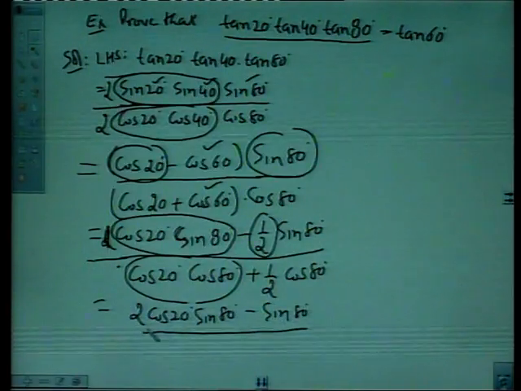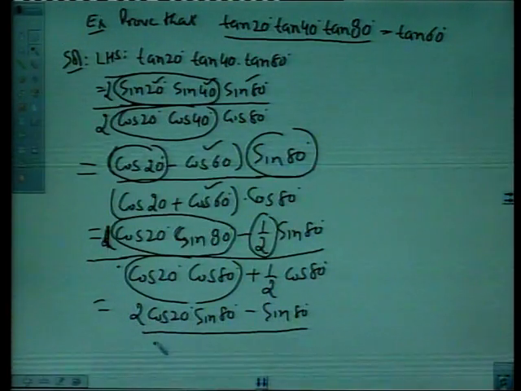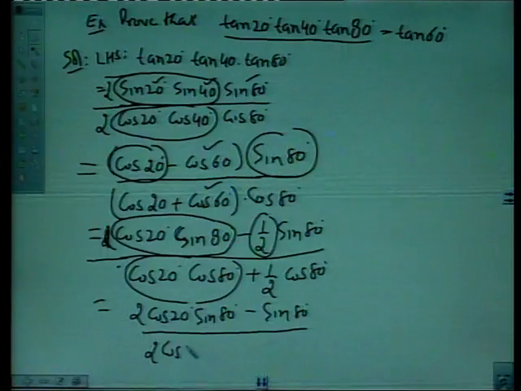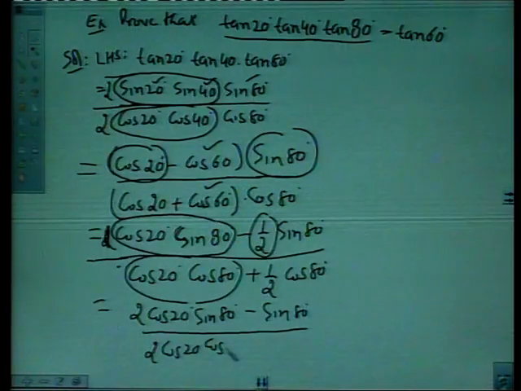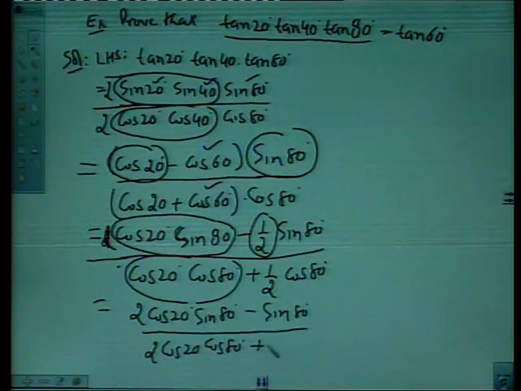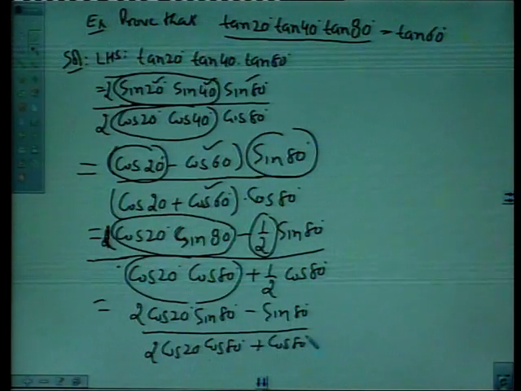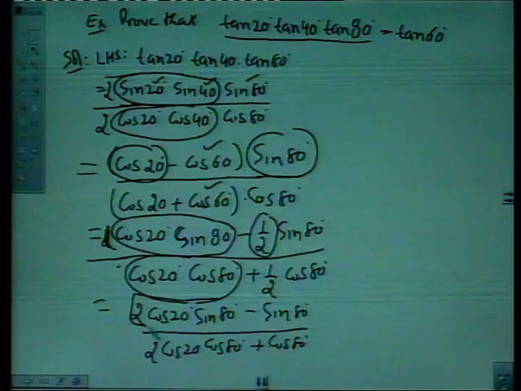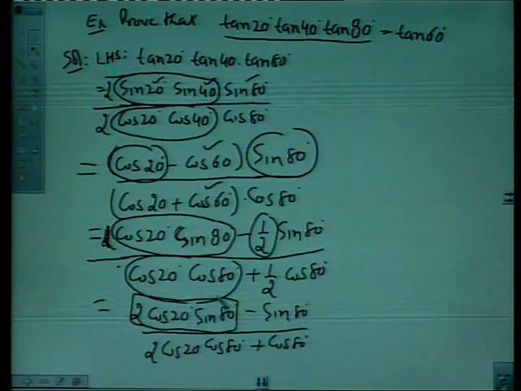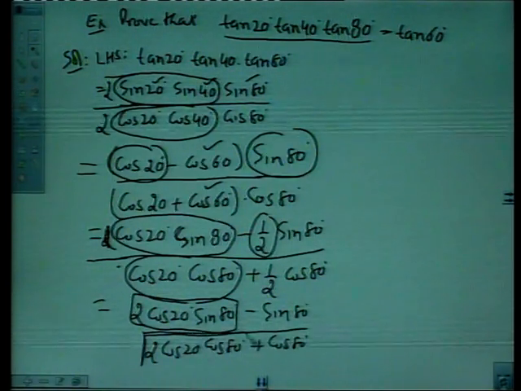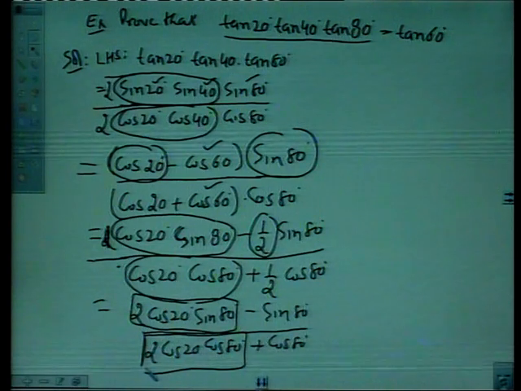The 2 and 2 will cancel if you take the LCM, so it becomes 2 times cos 20 degree cos 80 degree plus cos 80 degree. Again now we have 2 times cos A sin B and 2 times cos A cos B. Now we will use those formulas, and using those formulas what we will get?